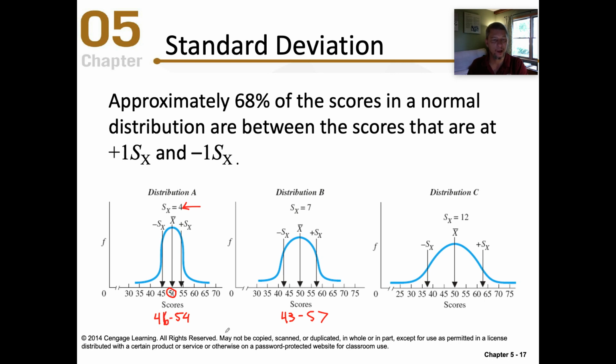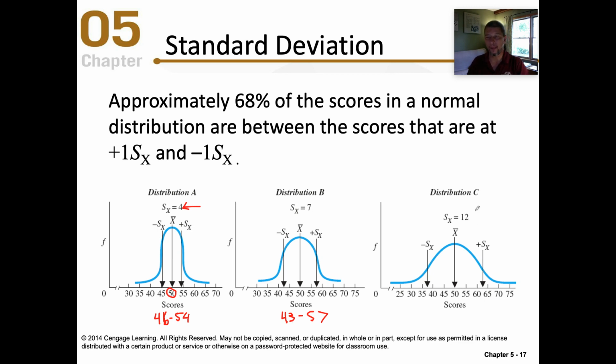Sorry about that. Here the standard deviation is 4, so 4 below 50 is 46, and 4 above 50 is 54. So 68% of the data falls between 46 and 54. Over here, with a standard deviation of 7, one standard deviation below the mean is 43, and one standard deviation above the mean is 57. Therefore, 68% of the scores in this distribution fall between 43 and 57.